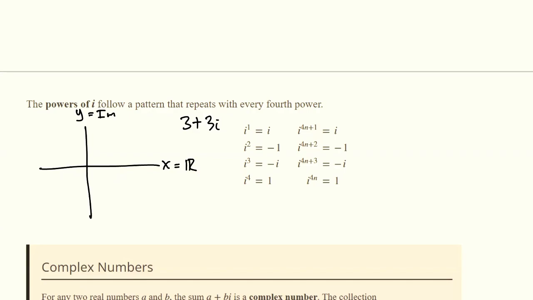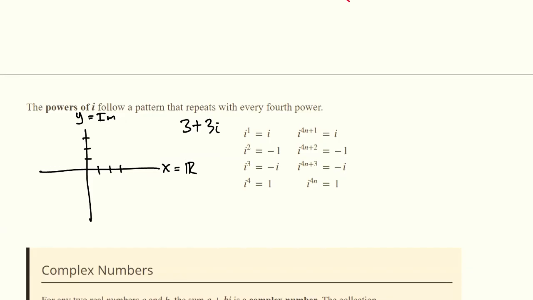Notice I would come over here 1, 2, 3, and up 1, 2, 3. That would be the point right here, the point 3 plus 3i. This is called the imaginary plane. You won't have to graph them, but it is good to know. So far, so good.